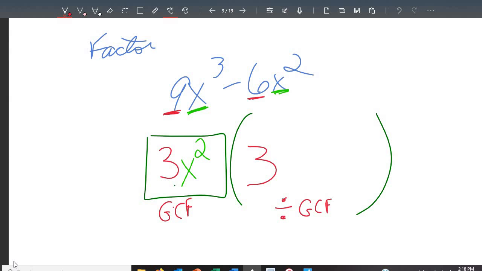If I take 2 X's away from X cubed, I'm left with a single X. Then I divide the 6 by the 3 to get 2. If I take 2 X's away from 2 X's, there's no more X's. So whatever's on the outside, you divide into each term above it.